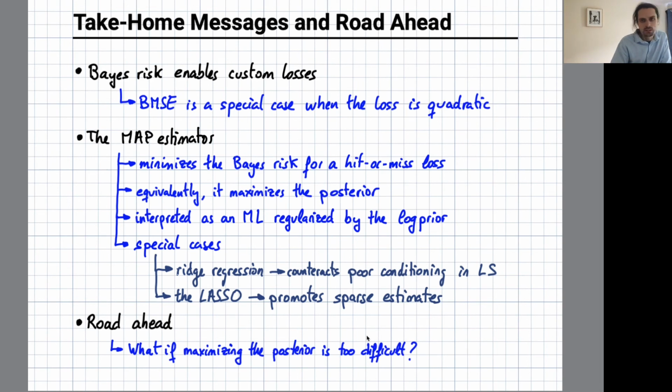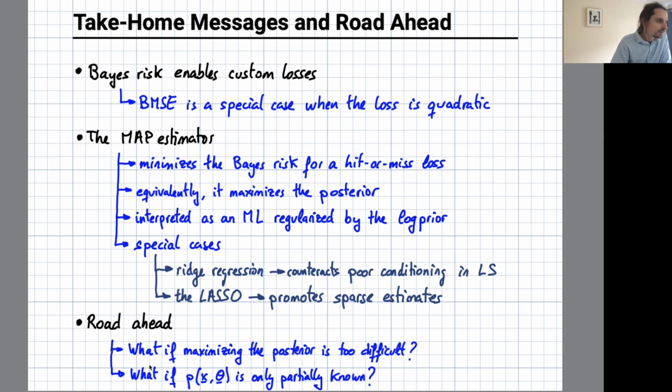We saw that maximum a posteriori estimators are easier to compute than MMSE estimators in the general case, because optimization is easier than integration. However, even optimization may be difficult, especially because of the presence of local optima. So we will be addressing this in the next lecture.